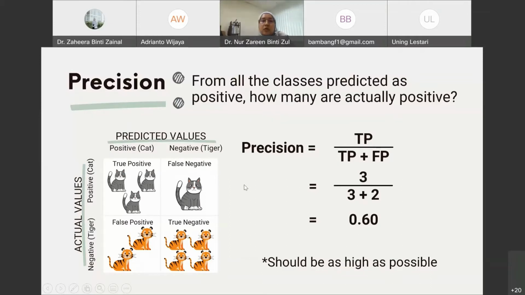So same goes when you're building a model, you would want your recall to be as high as possible, and your precision should also be as high as possible, because you would want to be able to correctly predict if a certain item is positive or negative.